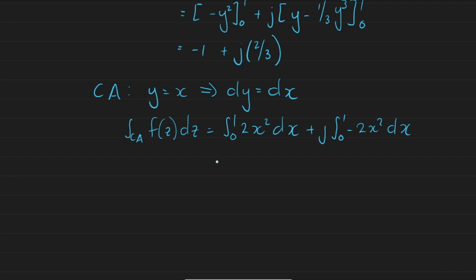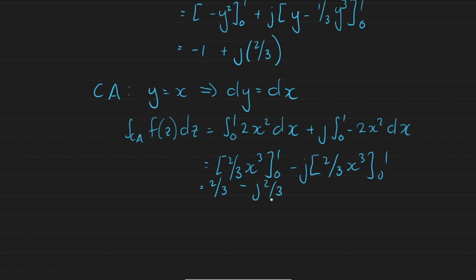We can just remove both the minuses. Proceeding with this integration, we have 2 over 3 x cubed, 0 to 1, and then minus j times 2 over 3 x cubed, 0 to 1. So what we're left with is 2 over 3 minus j times 2 over 3.